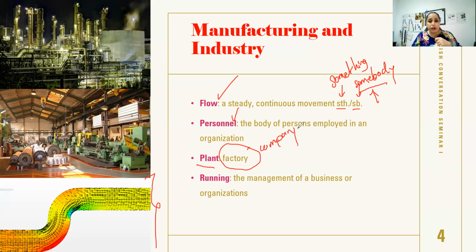But there's another word that is used the same way as plant, and it's called the facility. It's a synonym. The facility, the plant, the factory, the company, you're talking about the same place. But one that is very common to use is the plant. And I included 2 pictures for that. You have one here and you have another one here. The place where you go to work, that's the plant.